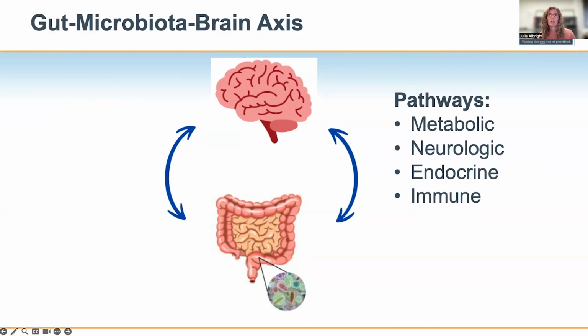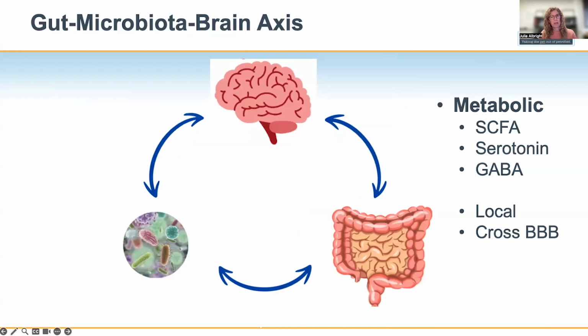There are four major pathways, depending on which research you look at. It's typically classified into four main pathways by which the gut and the brain can communicate with each other: the metabolic pathway, neurologic, endocrine, and immune.